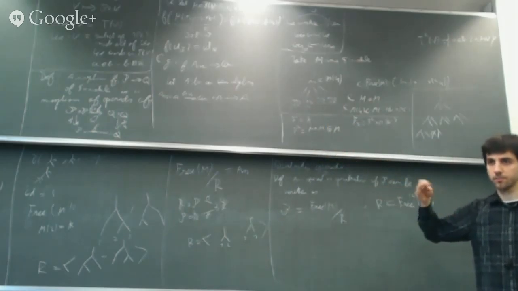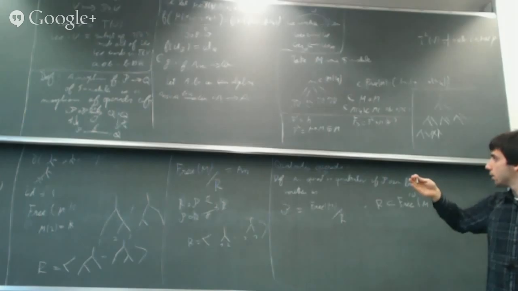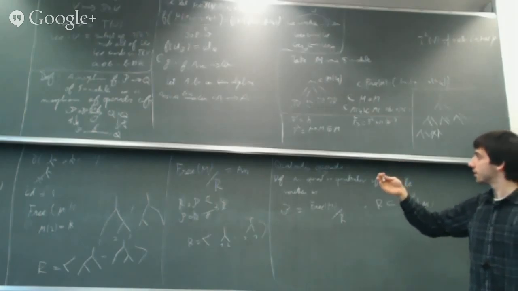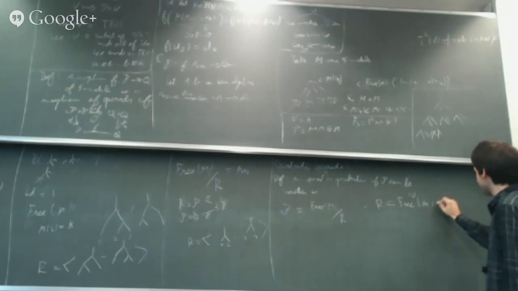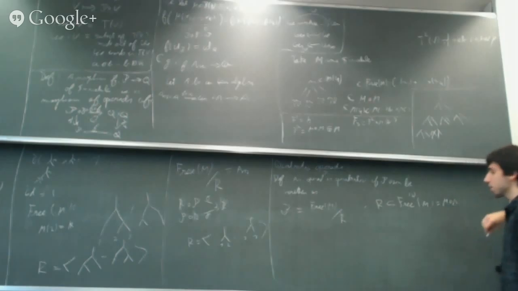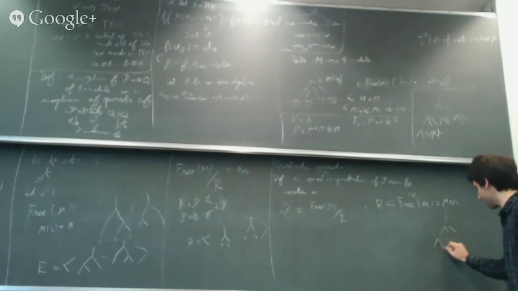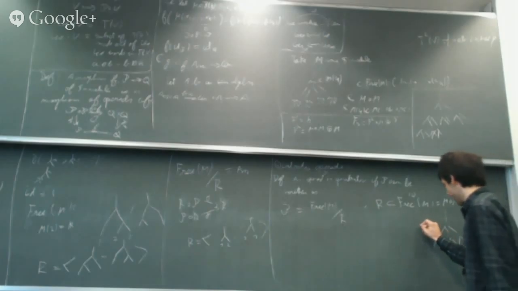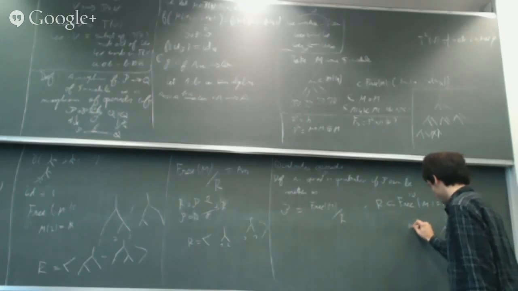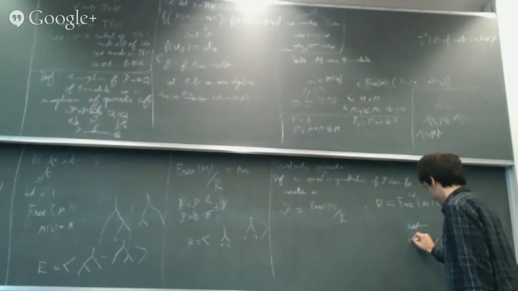You know what I mean? Great. Exactly. Okay, very nice. So it's M circ M. So these are 2-level trees.